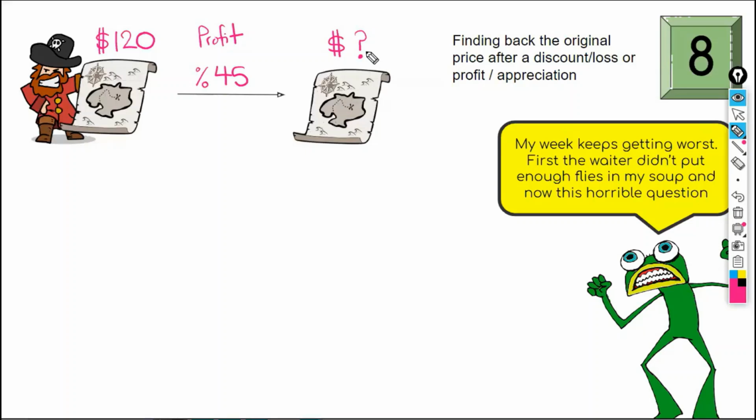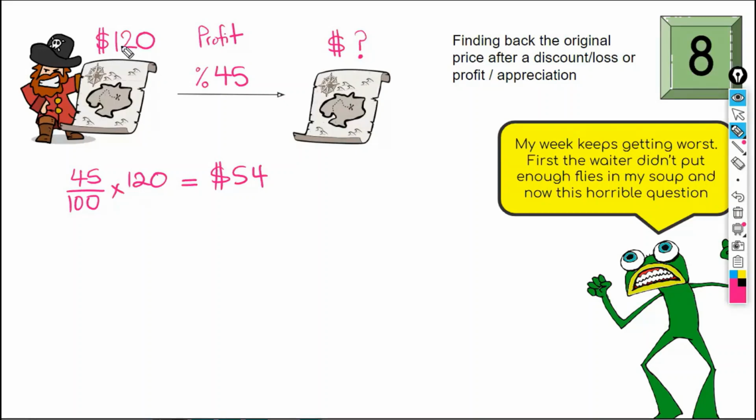Now, I'm going to do this the primary school way, right? How would you do this question? You would say, well, let's find 45% of $120. That will give you the profit he plans to make. So 45 divided by 100 multiplied by 120, and we're going to get what? $54. So how much will you be buying it for?